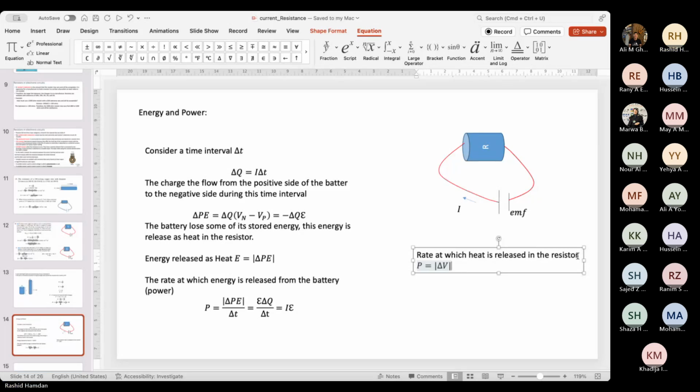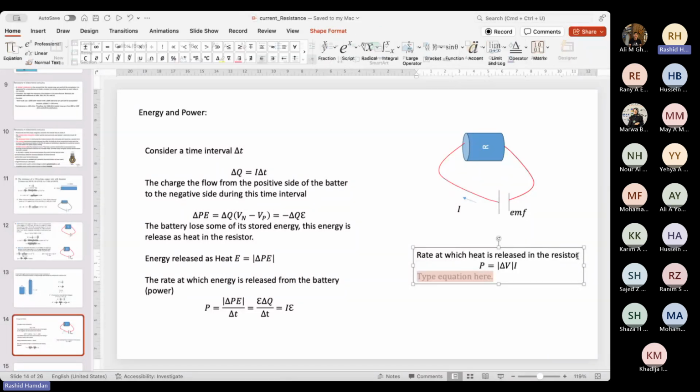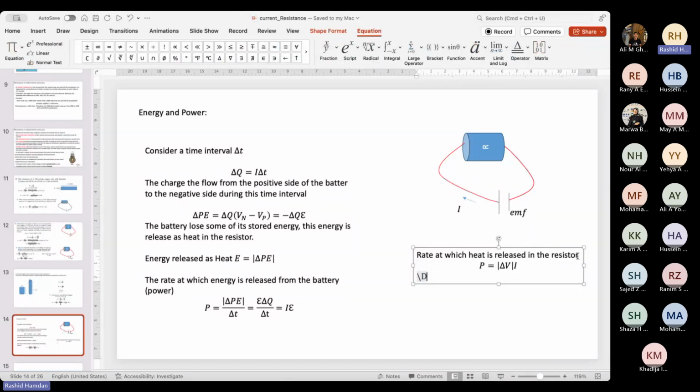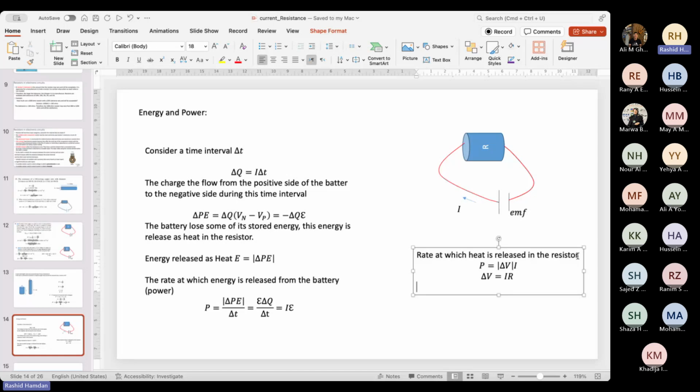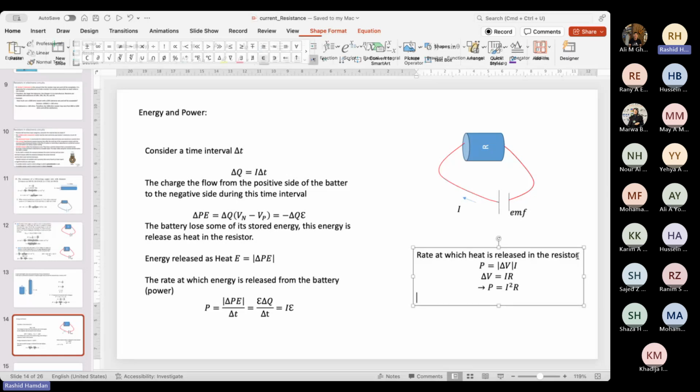Now, of course, if the device is ohmic, I can still apply Ohm's law, and I can say that delta V is equal to IR, and I can replace that back in the equation above, and I get P for the resistor, or the energy released in the resistor, changed from electric to heat, is equal to I squared times R.